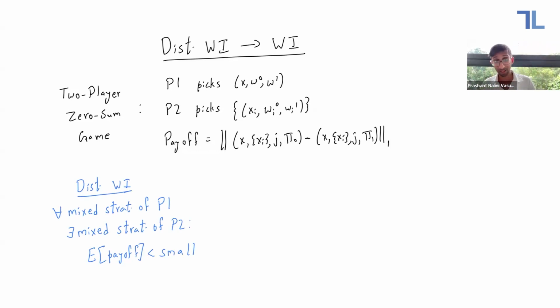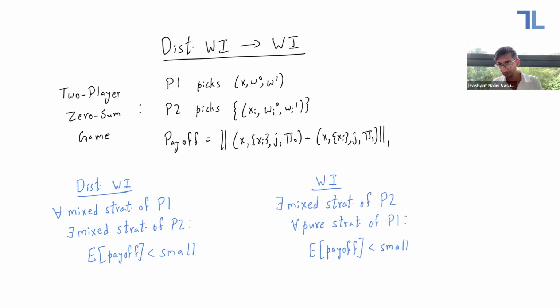So for any mixed strategy of P1, there is some mixed strategy of P2 for which the expected payoff is small, the expectation being over all the random choices I just described, and also over the mixed strategies of the two players. So this is what we have shown so far.